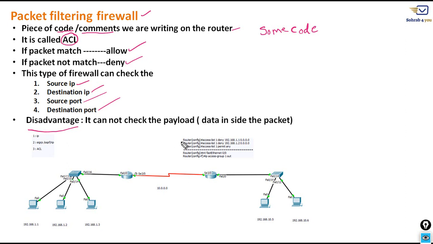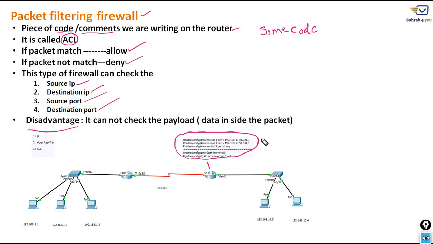So now look, guys, in here we have two routers, switches like this. We are writing some code in here. Suppose we are writing these codes in this router: access list 1 deny this IP address, access list 1 deny this IP address, access list 1 permit this IP address.